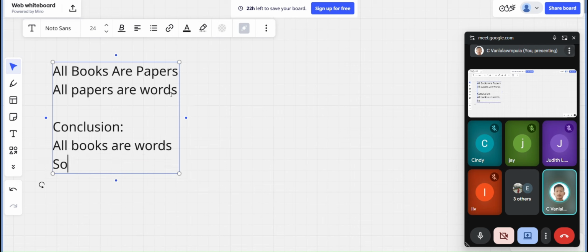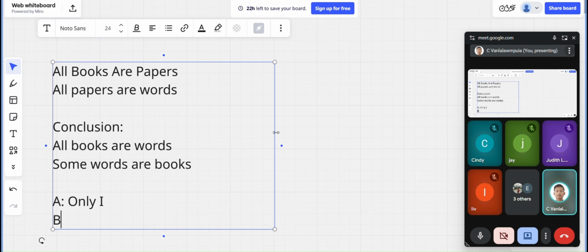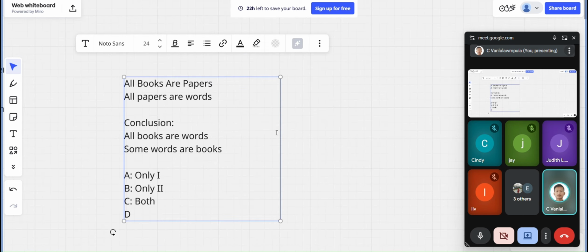Some words are books. Just do this quick. Answer, I'll give you the answer. A is only one. B is only two. C is both. And D is neither.